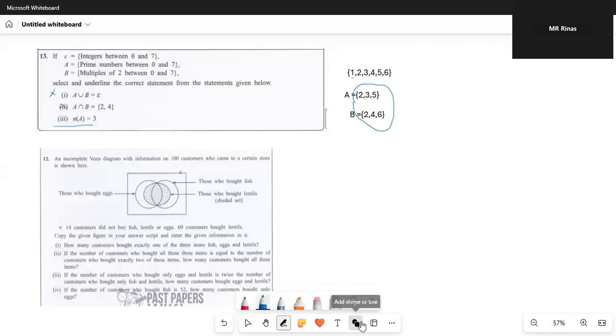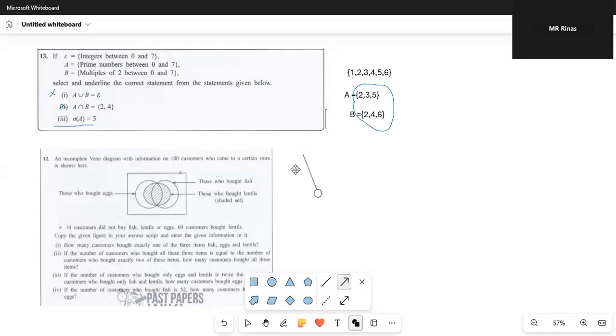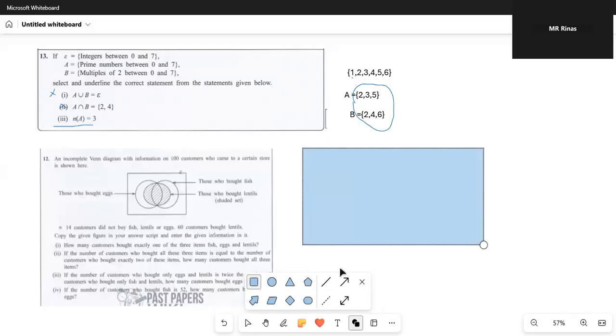Next, in the part 2 question, they ask you to copy the given figure in your answer script and enter the given information. So the first thing you have to do is copy this Venn diagram. Now I'm going to copy this. There are 2 circles.